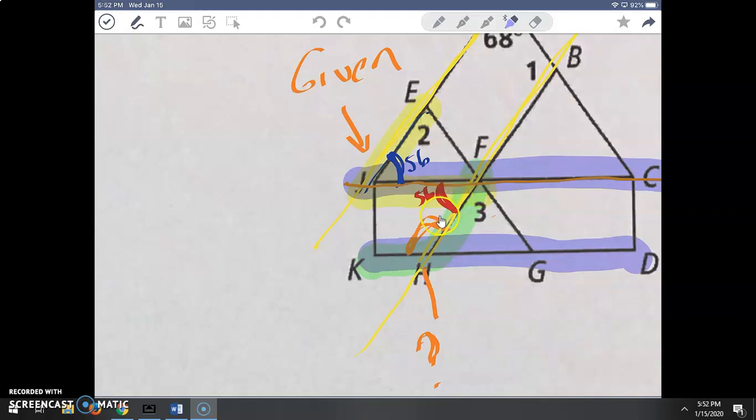This angle and this angle are on the same side of the transversal, and they are also inside the parallel lines. If they're inside the parallel lines and on the same side, that is same side interior. So these two angles here are same side interior.